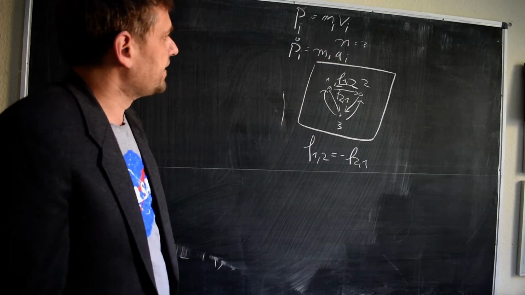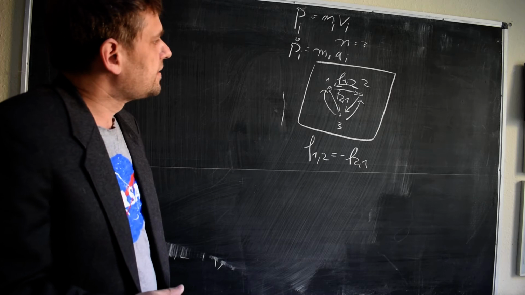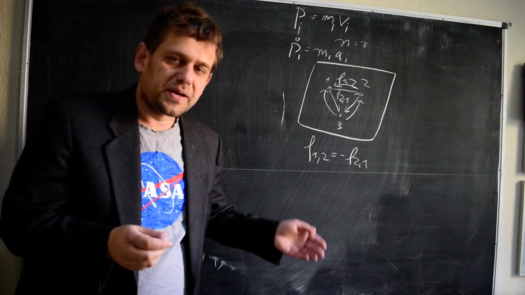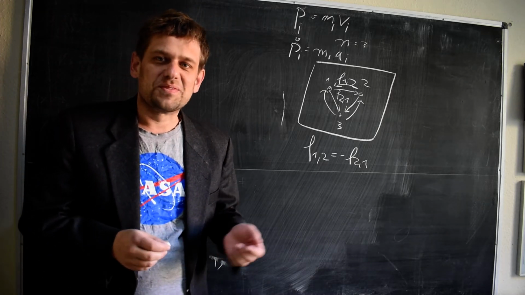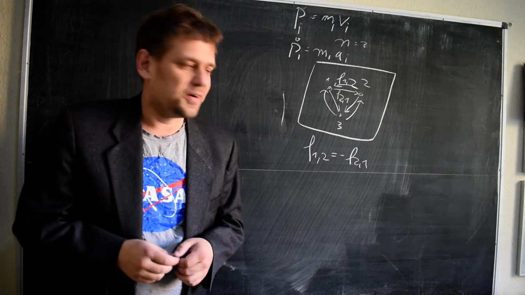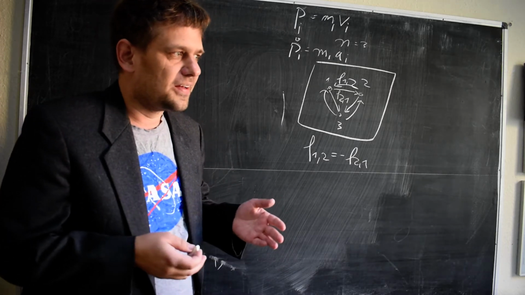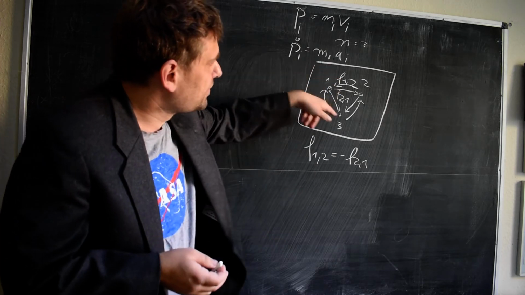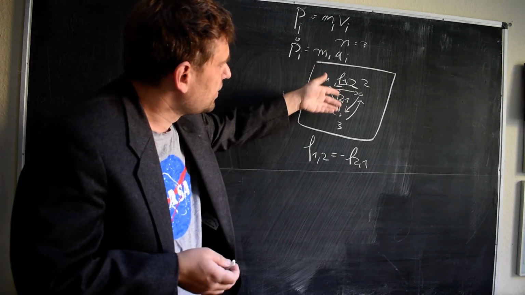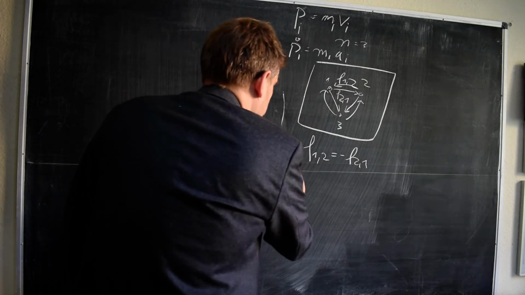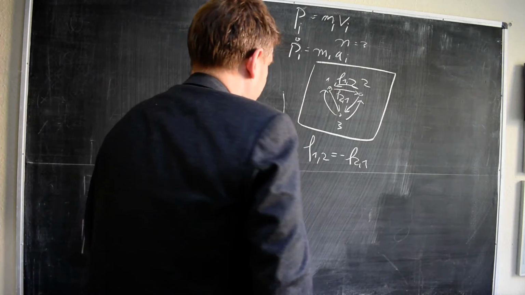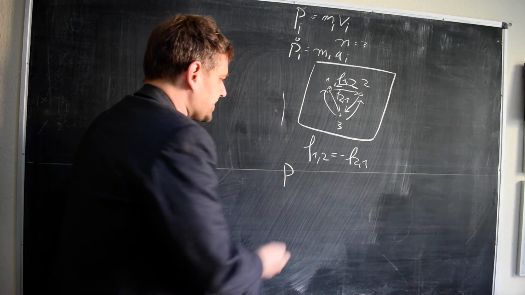So we have this, and we need one more definition before we can come to the conservation of the impulse. Namely, we need of course the definition of the impulse of the whole system, which we will call capital P without an index.